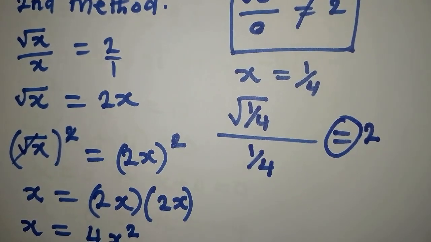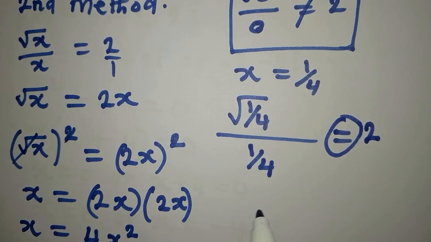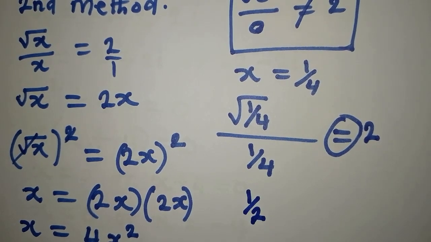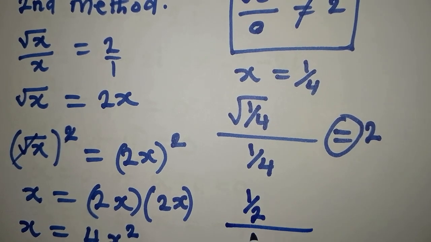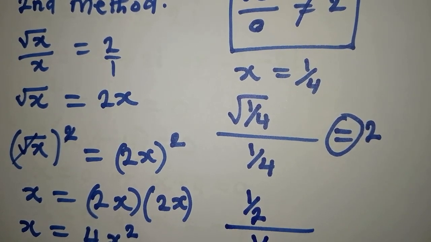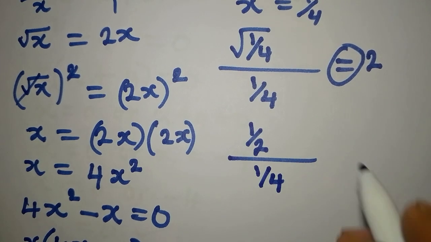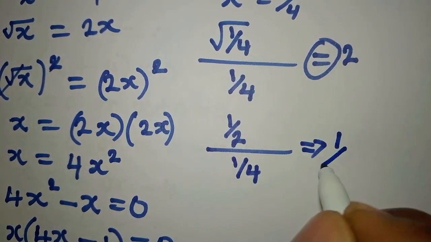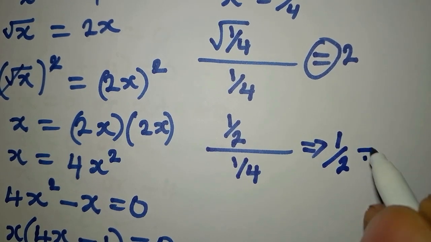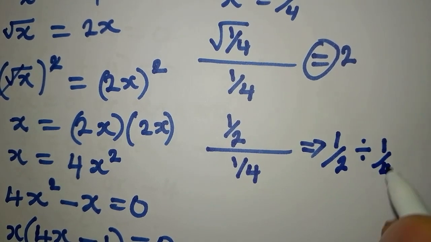Let's confirm that. Square root of 1 over 4 is the same as square root of 1 over 2. Is that okay? Yes. Then here we have 1 over 4. Now, by the way, this implies that we are having 1 over 2 divided by 1 over 4.